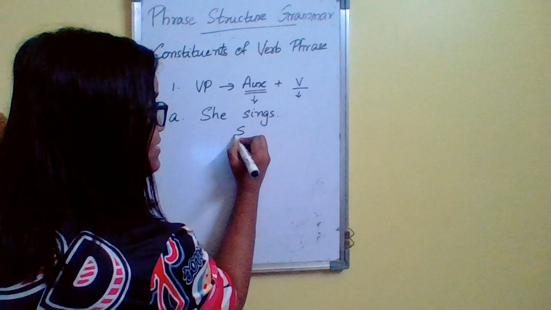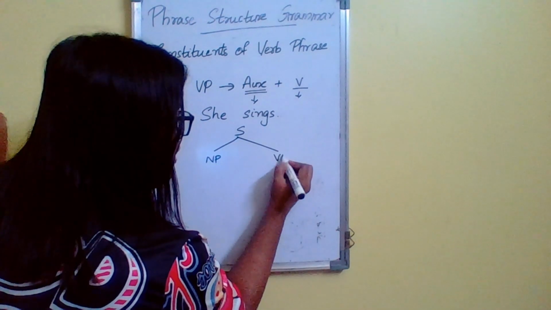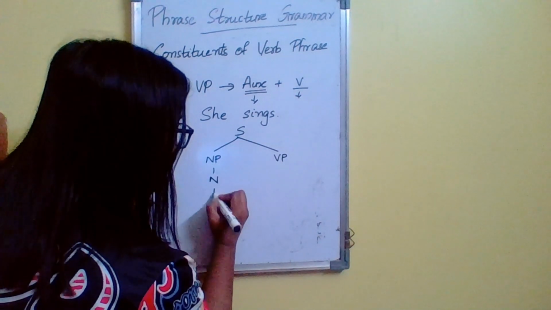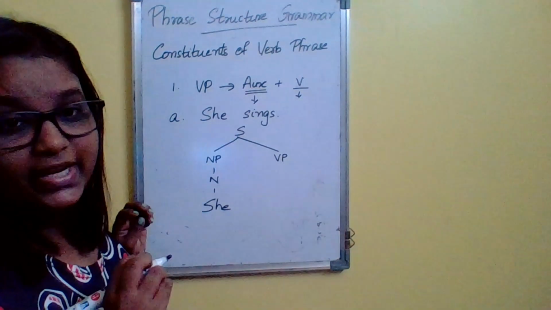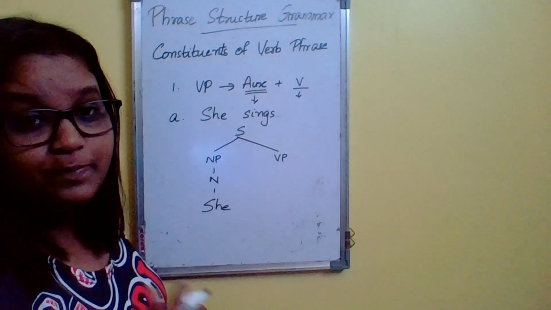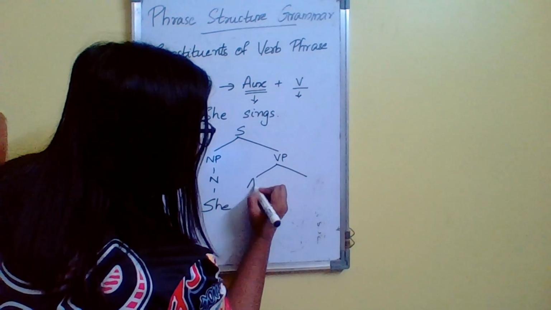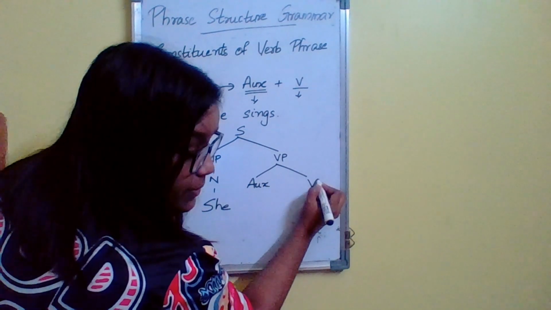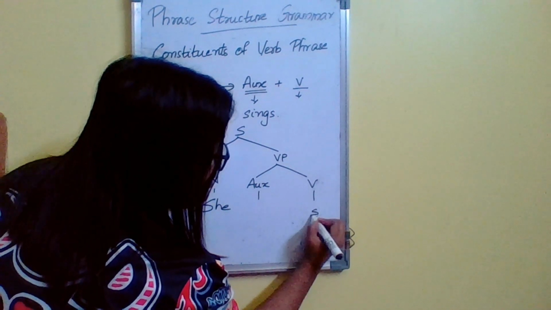So S is equal to NP plus VP. NP is a noun, which is she, and it is VP that we are really concerned about. Let us split the VP here. So VP is auxiliary plus verb, and the verb is sing.